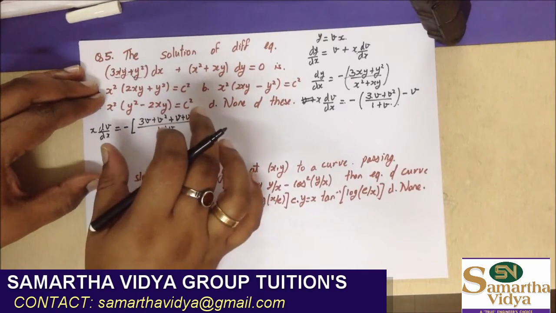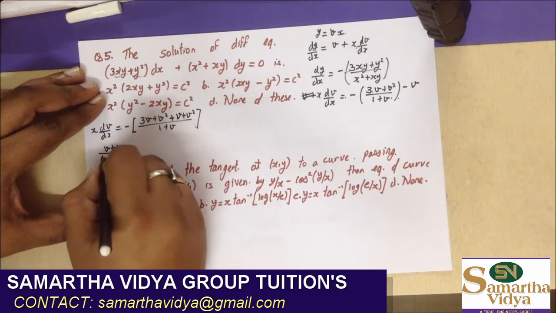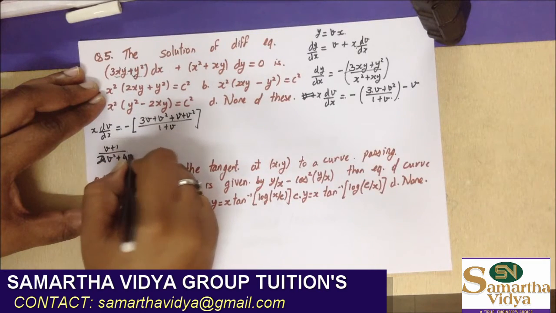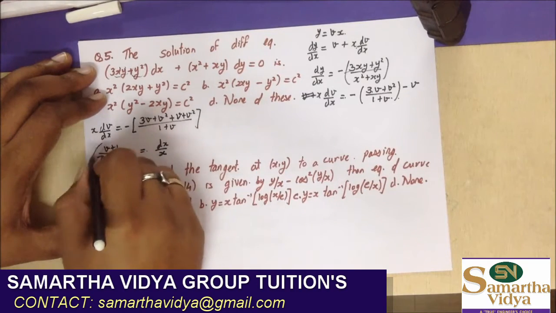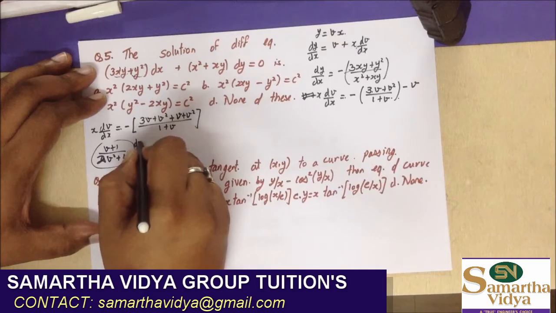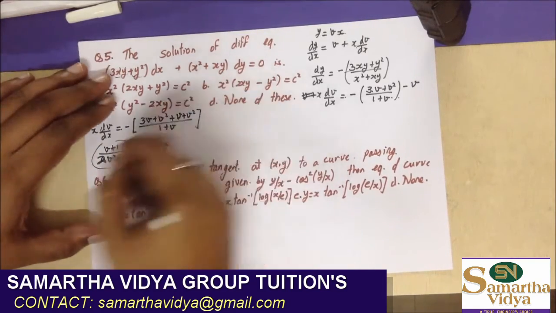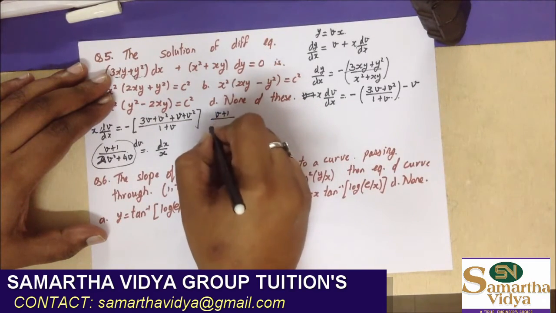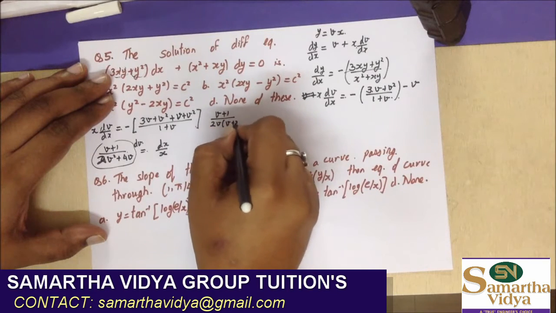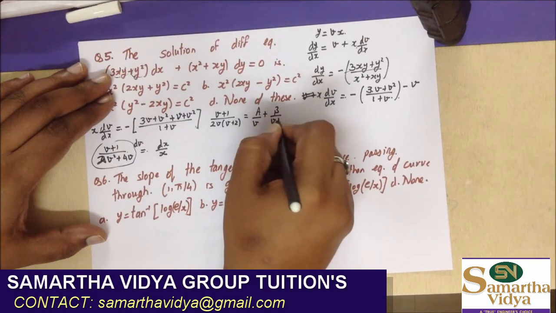Now just rearranging the terms, I'll be getting (v + 1)/(2v² + 4v) dv = -dx/x. Now you can see that this term, along with the dv, is to be solved in the partial fraction format. That partial fraction I can write as (v + 1)/(2v(v + 2)) = A/v + B/(v + 2).